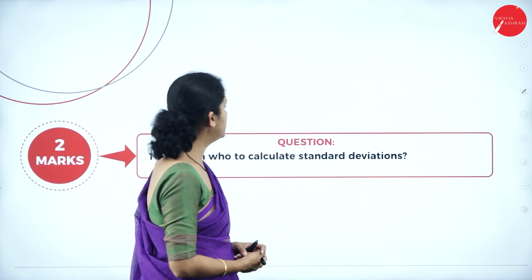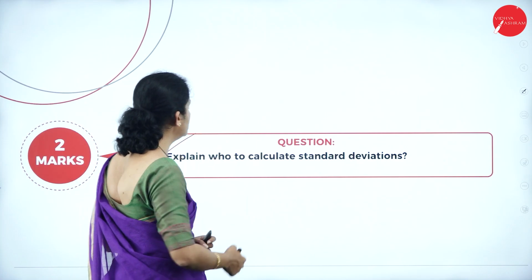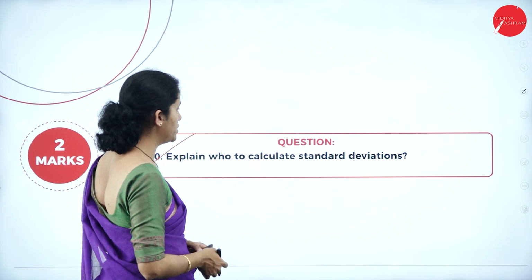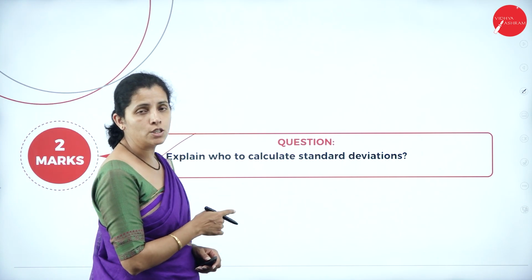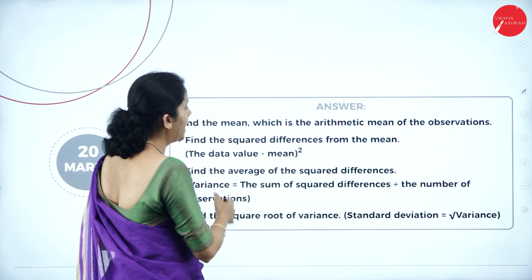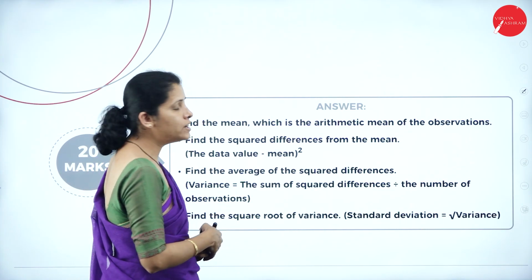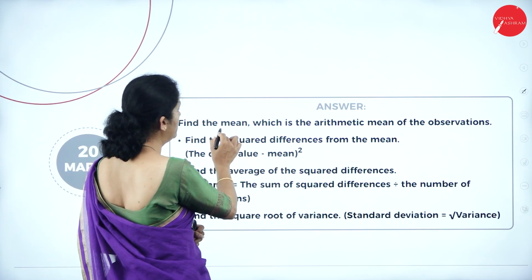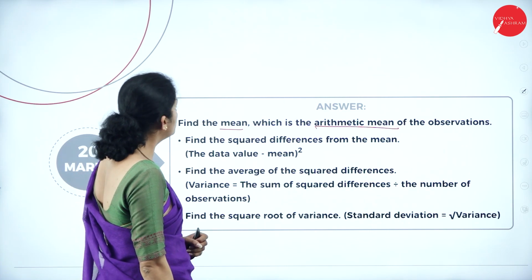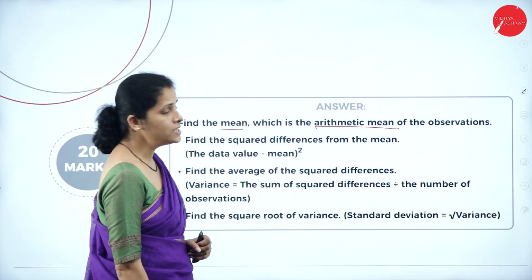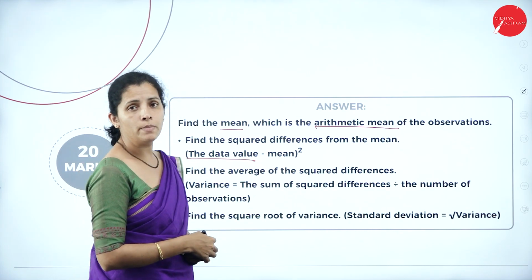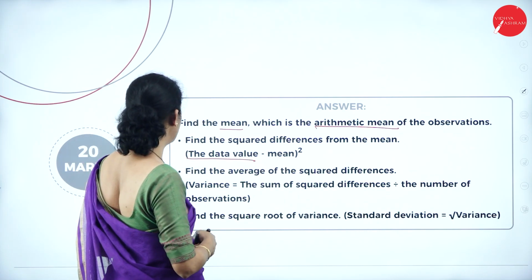Now I'm going to have the next question, that is, explain how to calculate standard deviation. Dear student, this question is from the 4th unit. To find the standard deviation, first I want to find the mean, that is, the arithmetic mean. Then find the square difference from the mean, that is, the data value minus mean whole square.